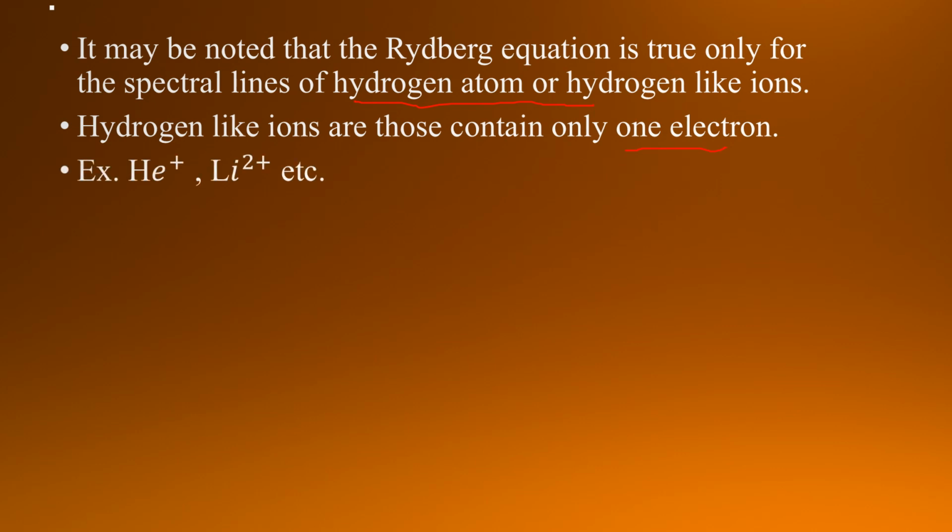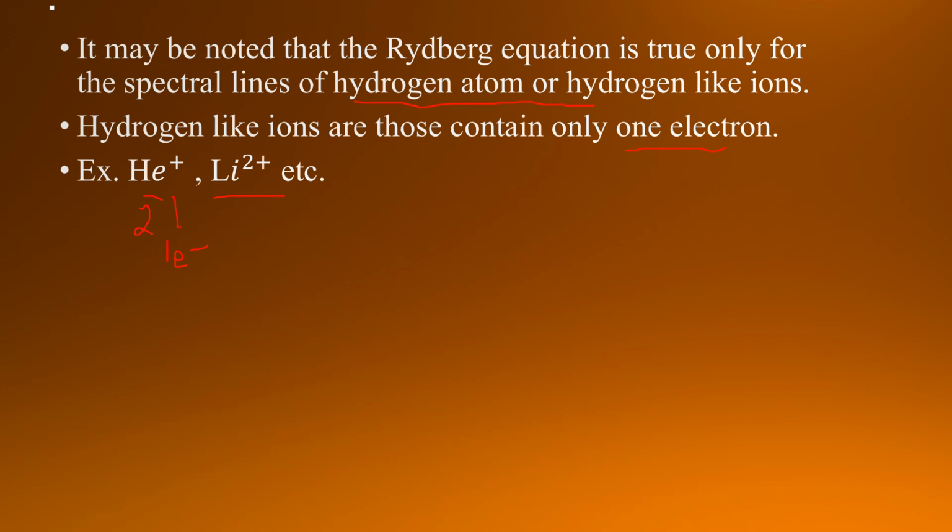So the examples are helium ion, He positive, and Li2 positive, lithium ion. We know that the atomic number of helium is 2 and helium has 2 electrons, and as helium loses one electron, one positive charge will be there and only 1 electron will remain.